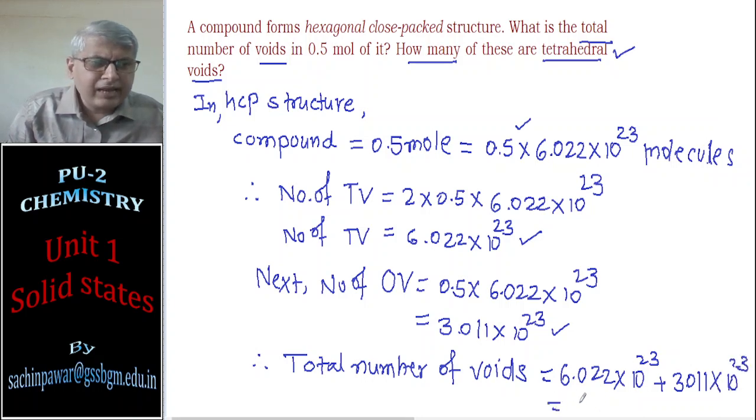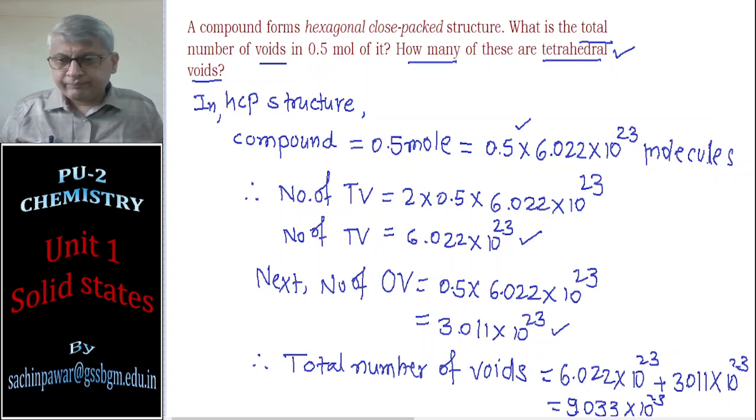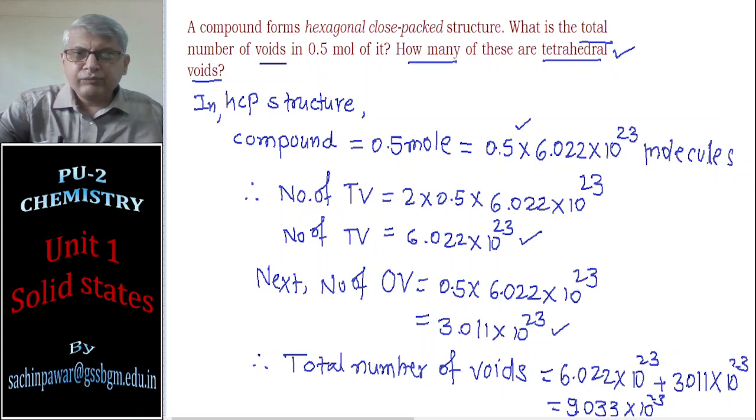That comes out to be 9.033 into 10 to the power 23, and this completes the problem. I hope this is clear. Let's quickly move on to the next problem now.